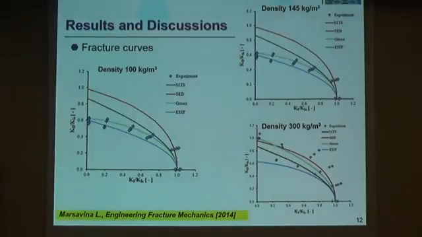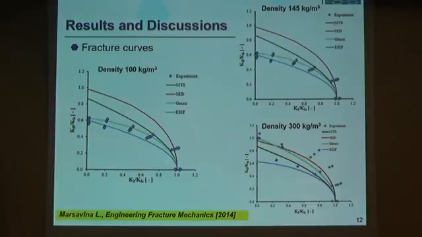We also represent our data in these fracture curves and compare with some theoretical approaches for fracture, which I didn't put in this presentation. These are the MTS, strain energy density, maximum energy release rate, and the equivalent stress intensity factor criteria of Professor Ricard.